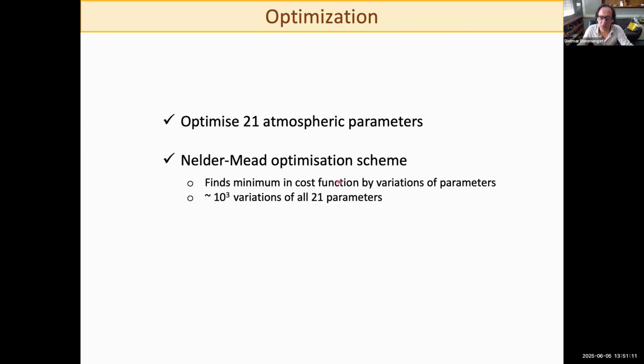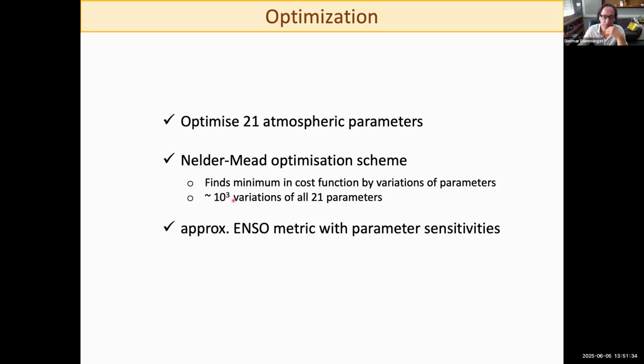It finds a minimum in the cost function of a high-dimensional nonlinear function, and it basically varies the parameters in some kind of systematic way, and it needs about 1,000 variations to figure out the optimal parameter combination. So in principle, you would have to run the model 1,000 times, one after the other. If you run the model, it would take ages.